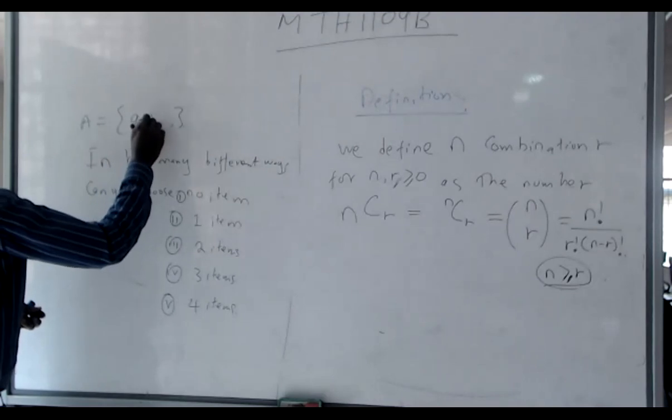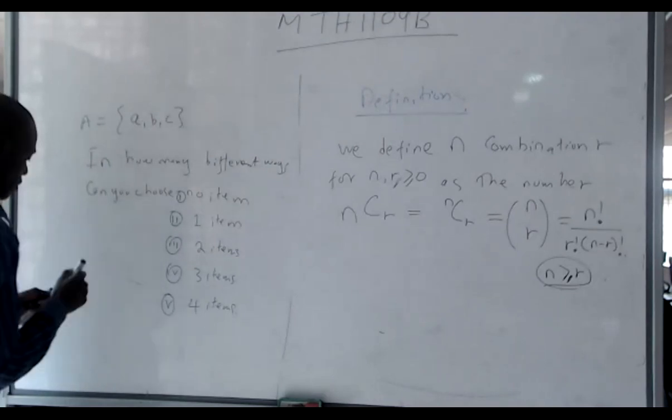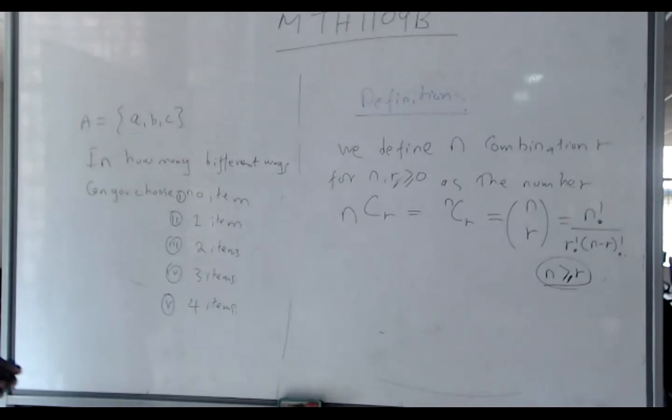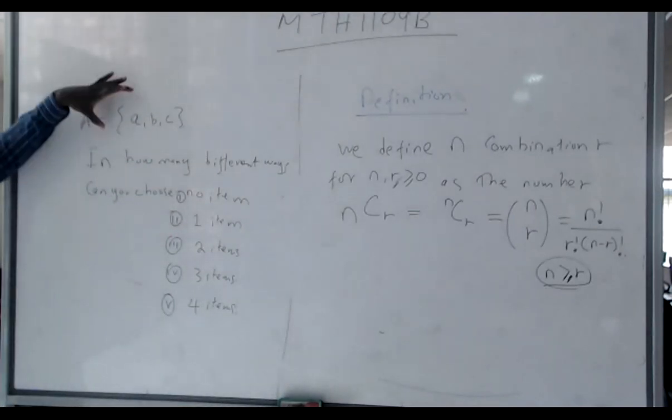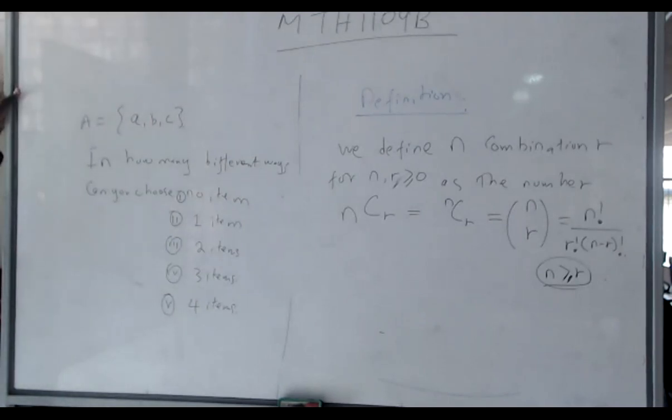Let me have A, B, and C instead as the elements of the set. So the first question, in how many different ways, distinct ways, will you be able to choose no item from this set? The set has A, B, and C.